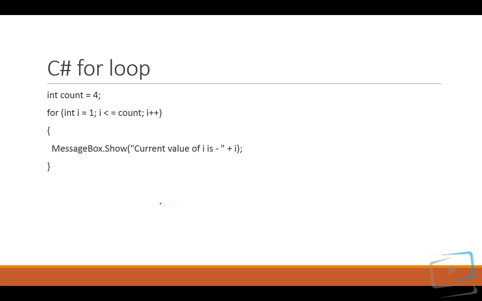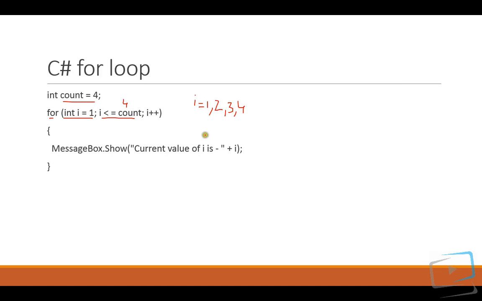So for example, if you have a count as 4, this is the syntax for the loop. Here we have initialized i is equal to 1 and i is less than or equal to 4. It means that you'll have i values as 1, 2, 3 and also 4, because you have the less than or equal to sign.